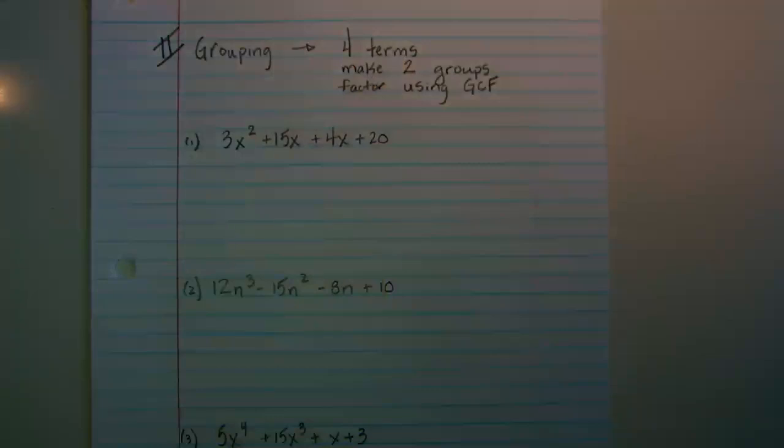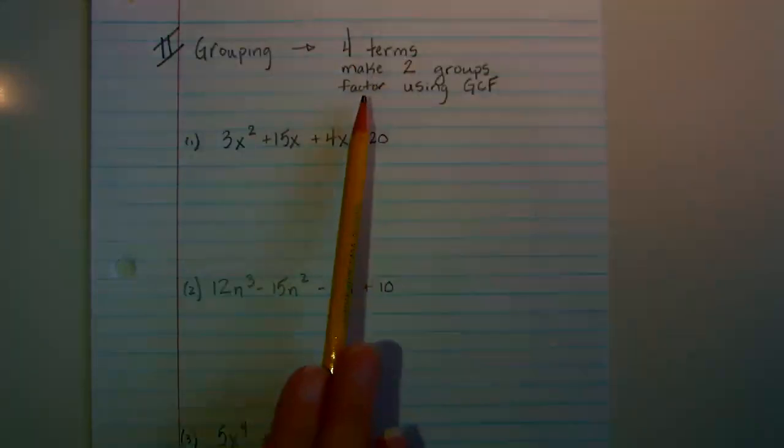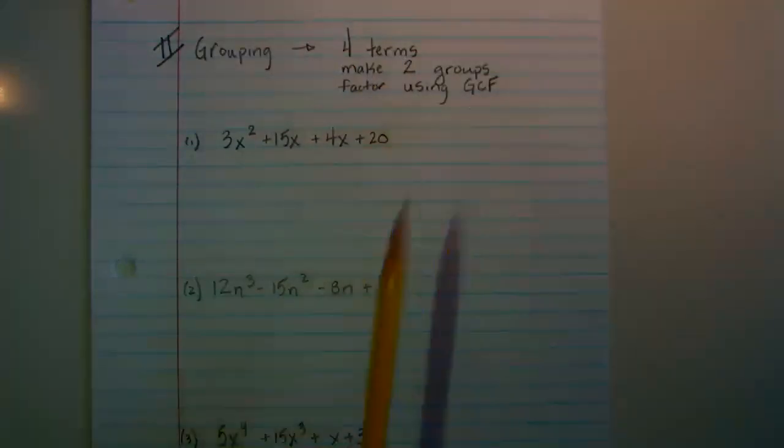Then you're going to do the same thing that you practiced the other day, and that is factor each one of those little groups by trying to find a GCF. So again, grouping has to have four terms to start. You make two groups of two, and then you factor each little group using your GCF. So that's the process.